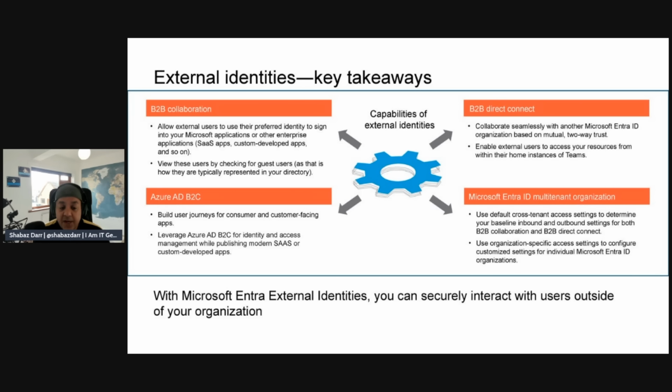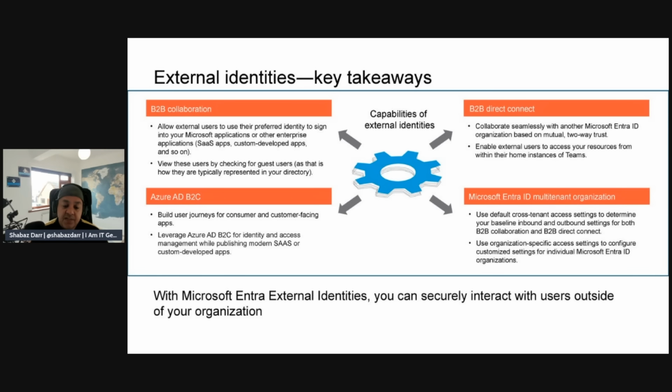It has the following capabilities, which are B2B collaboration. This is to collaborate with external users by letting them use their preferred identity to sign into Microsoft applications or external enterprise applications using SaaS apps, custom developed apps, and so on. B2B collaboration users are represented in your directory typically as guest users, as we mentioned.